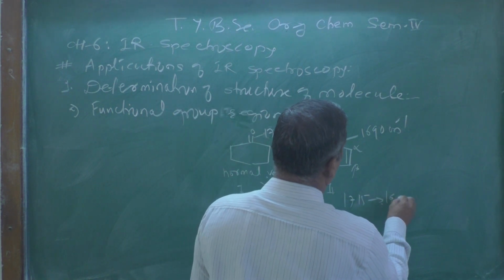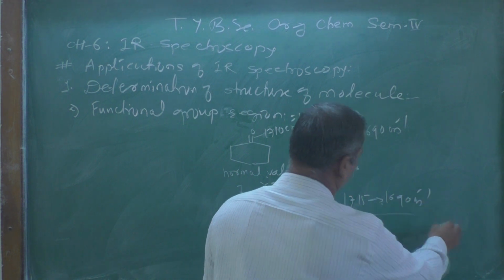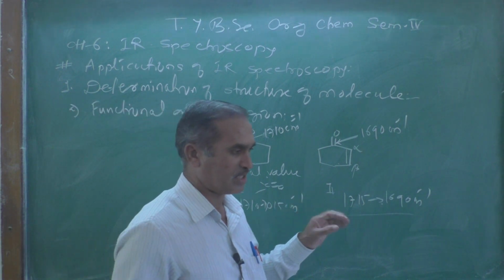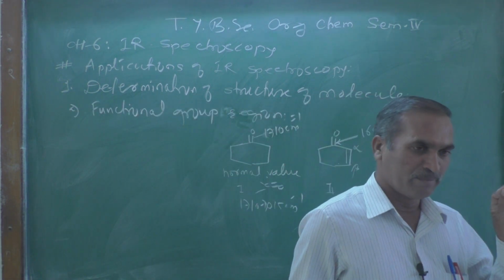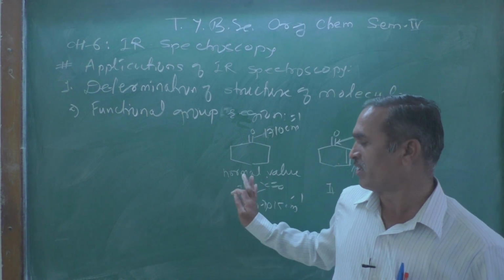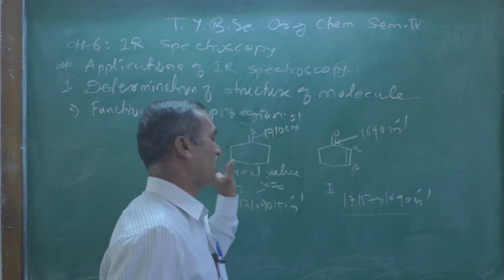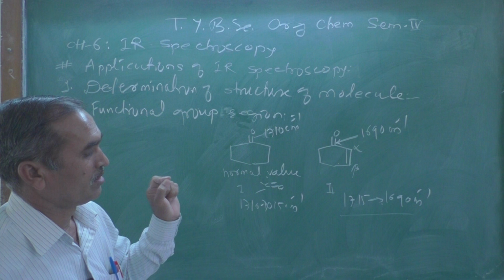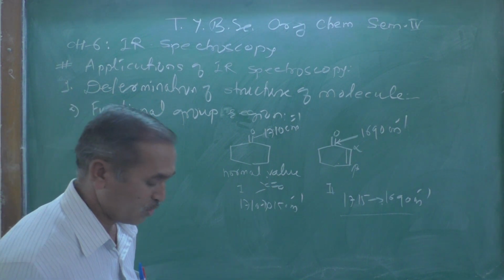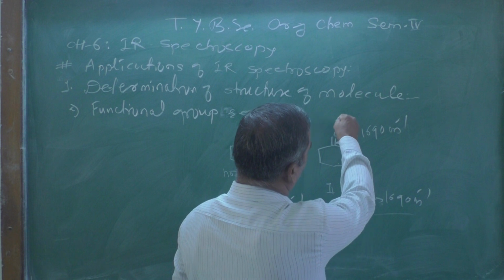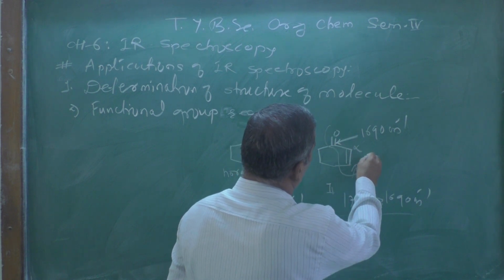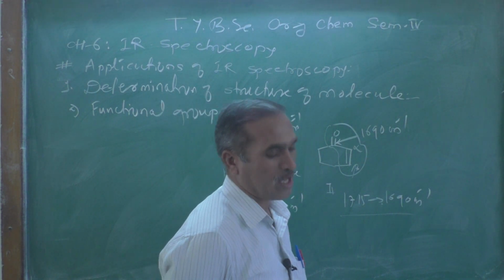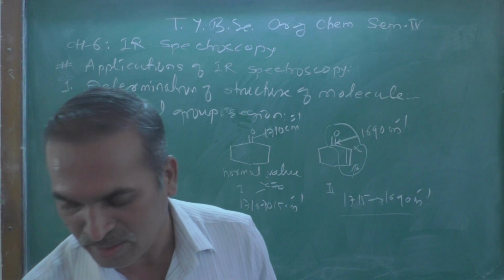The shape and size of that carbonyl group remain as they are, very much the same as the normal peak value, but the IR frequencies are lowered. Why is it lowered? If the situation permits, like this is an enone system, or we can call it an alpha beta unsaturated compound.